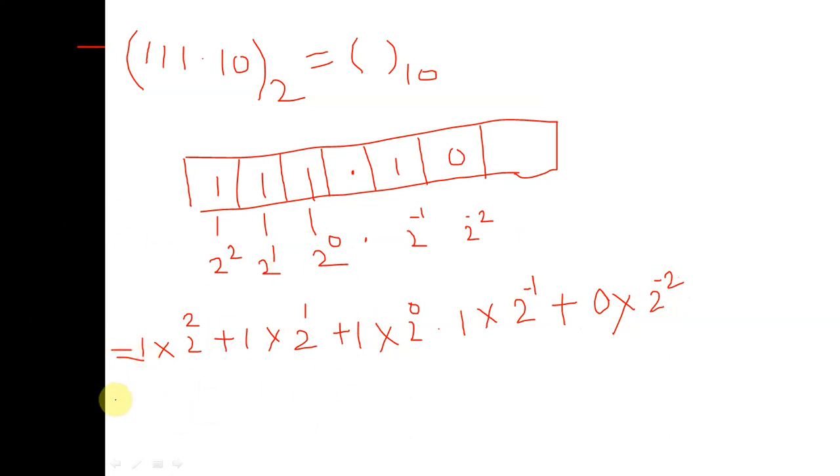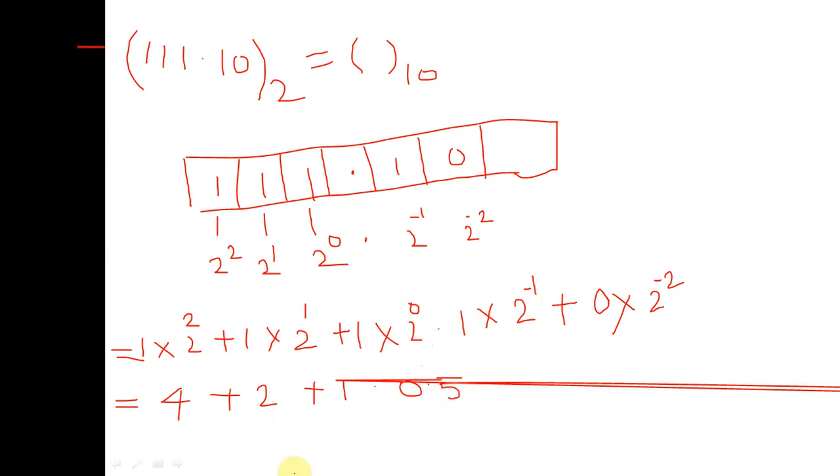This is equal to: 2 raised to 2 is nothing but 4, and 4 multiplied with 1 is 4. Plus 2 raised to 1 is 2, so 2 multiplied with 1 is 2. Plus 2 raised to 0 is 1, so 1 multiplied with 1. And 1 multiplied with 2 raised to minus 1 is 0.5.